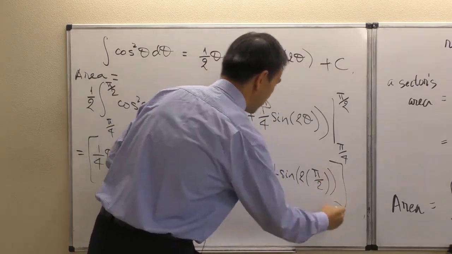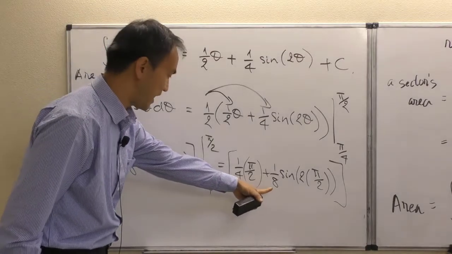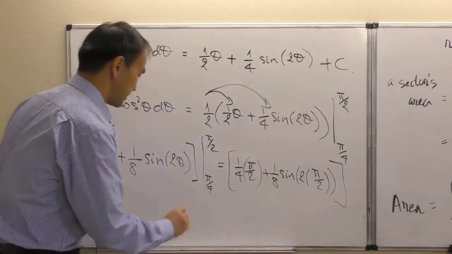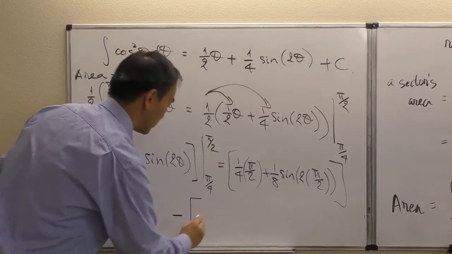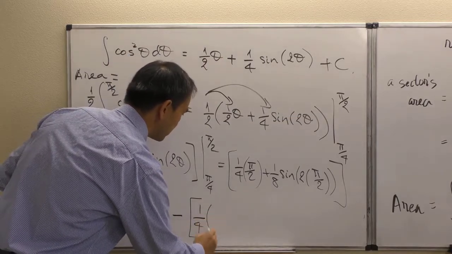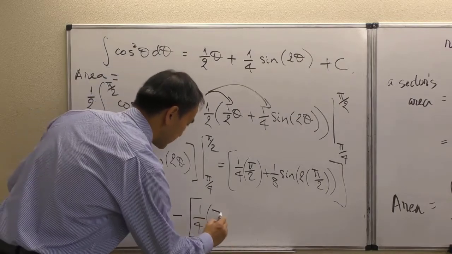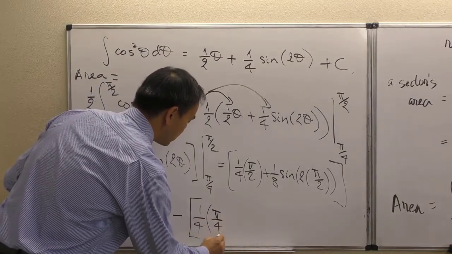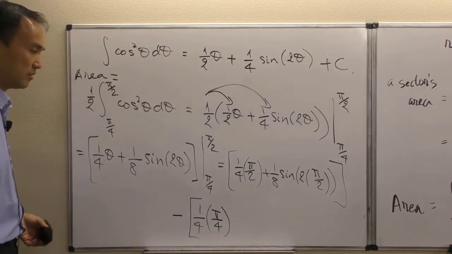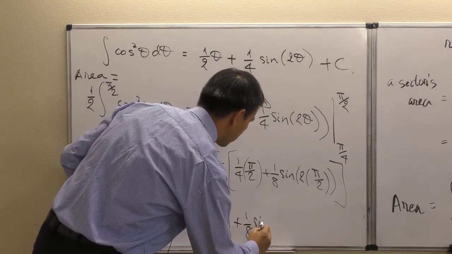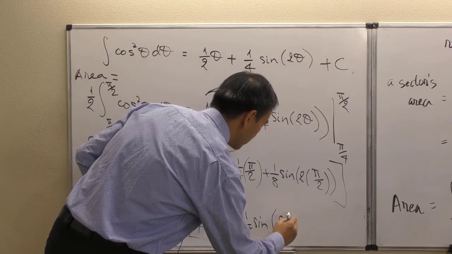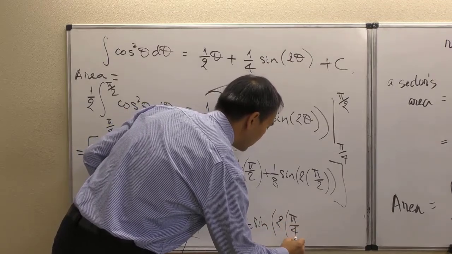So that's the antiderivative evaluated at pi over 2, the upper limit. Now I'm going to subtract the antiderivative evaluated at the lower limit: 1/4 times pi over 4, plus 1/8 times sine of 2 times pi over 4.